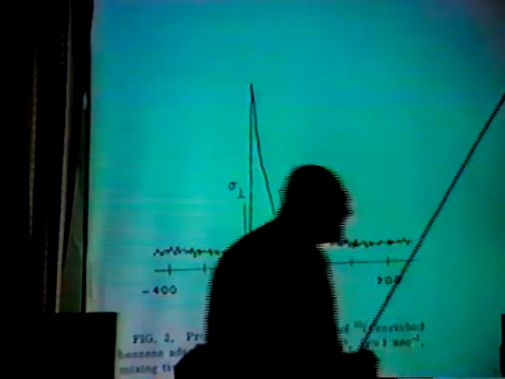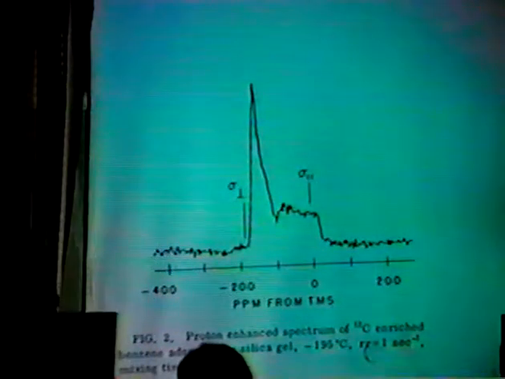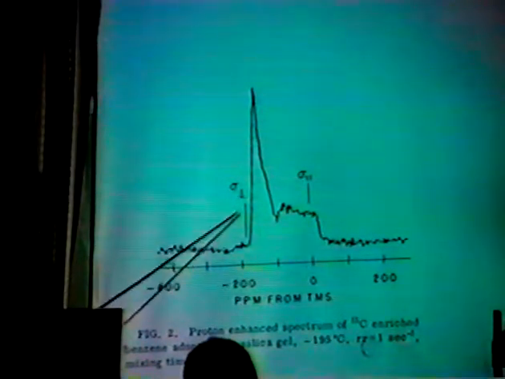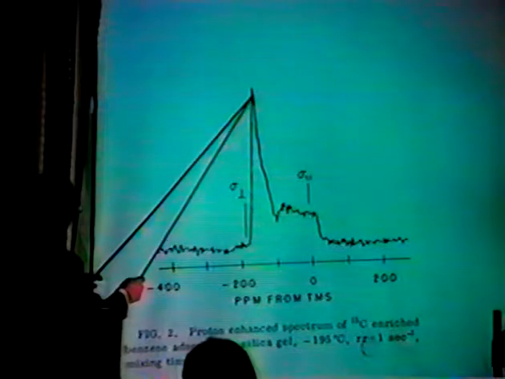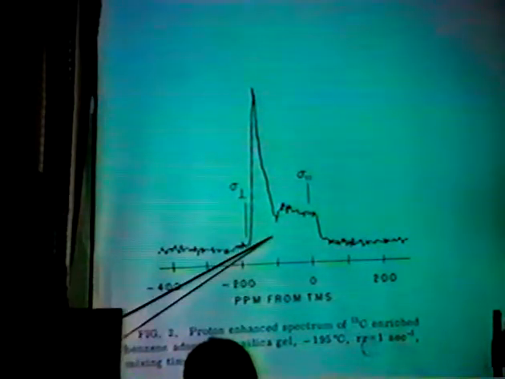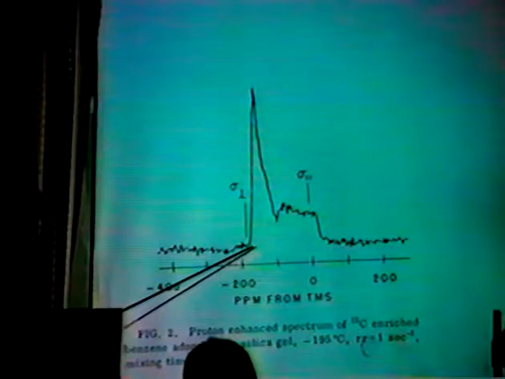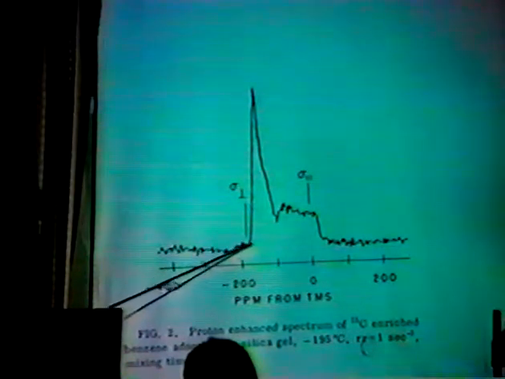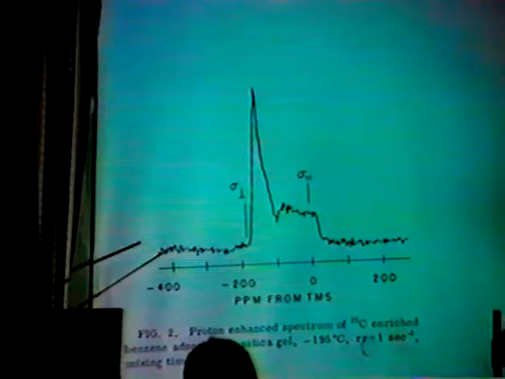Now, here's an axial powder pattern for a more well-defined system. You can see the infinity here on this side, which is the sharp shoulder on this. This is actually for benzene absorbed on the surface of silica gel, a C13 NMR spectrum, which we obtained 6 years ago.